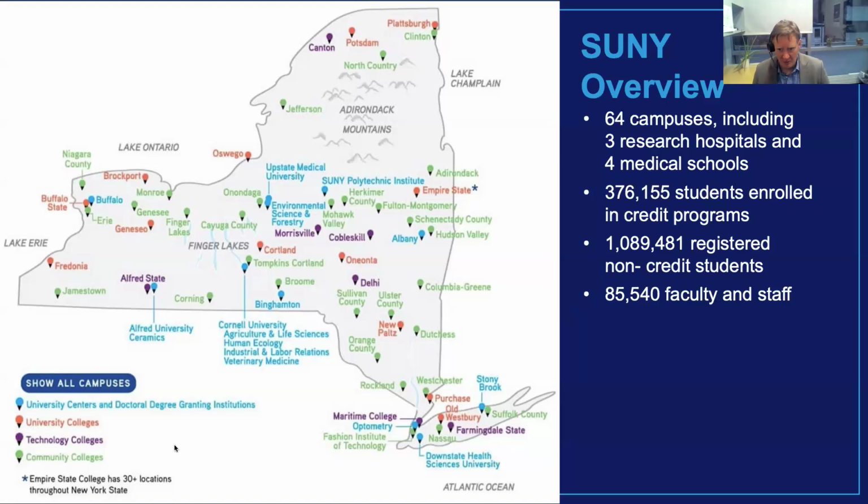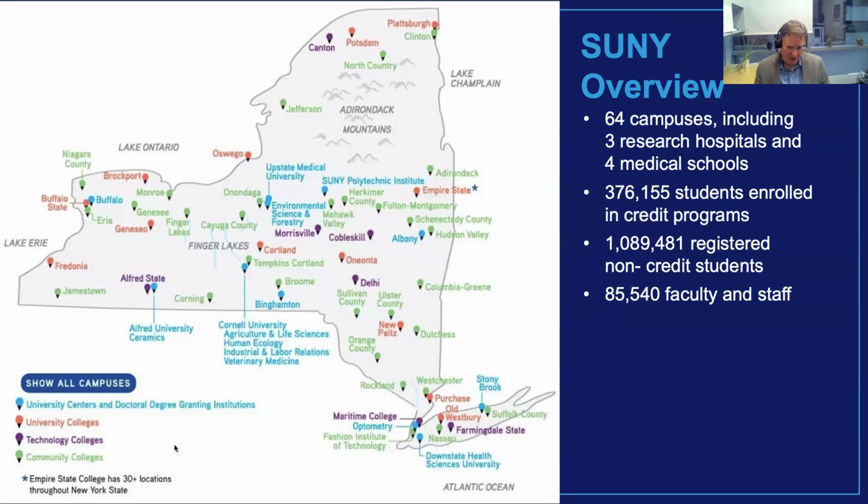So SUNY, very briefly, you heard 64 schools. I sit at the system level, and you can see the geographic scale across New York State of our schools. We're a little bit unique in that, unlike the California system, for example, which has three separate systems, we're combined together.